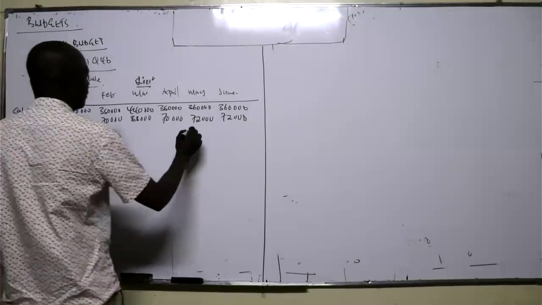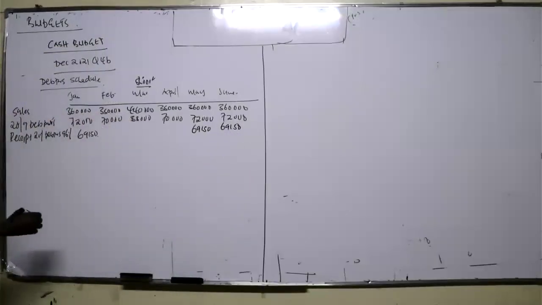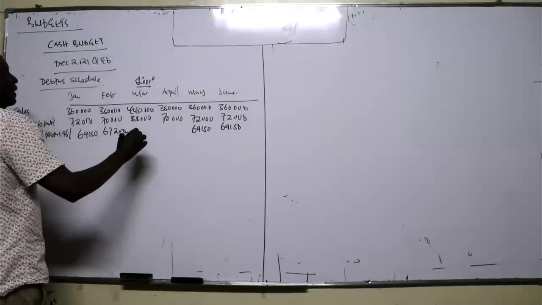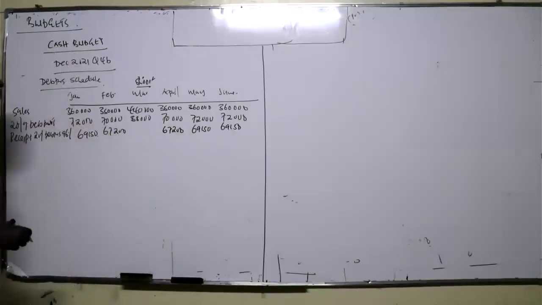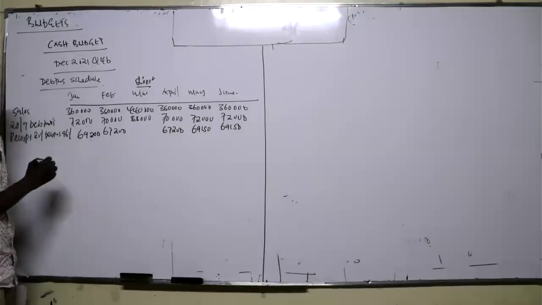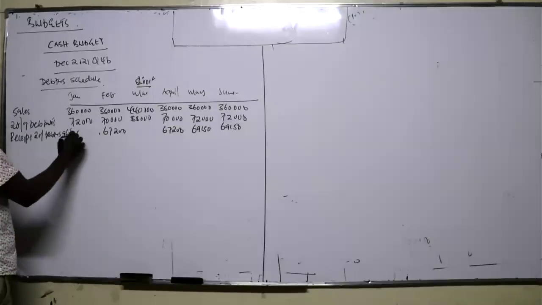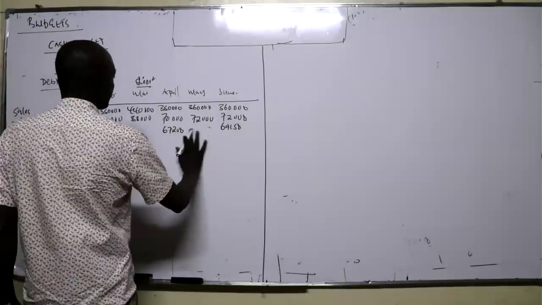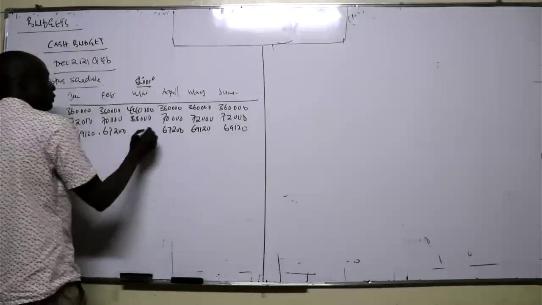So 96% of 72,000 is how much? 69,120. This one is okay.